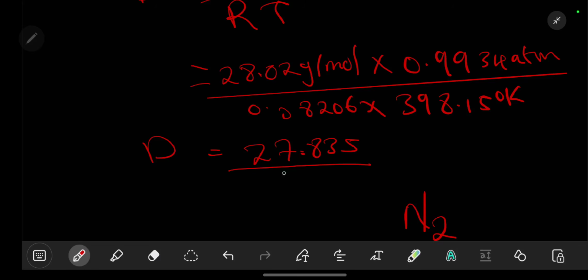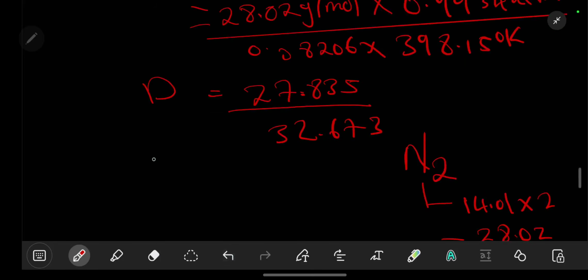We are going to have 32.673 there. Then when we divide, our density will be found: 27.835 divided by 32.673. This is giving us a value of 0.852. So density will be in grams per liter.